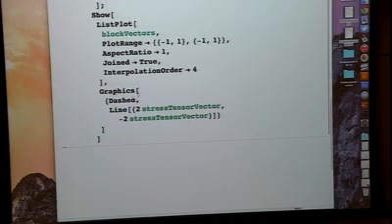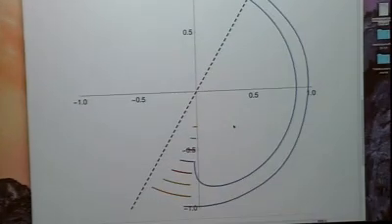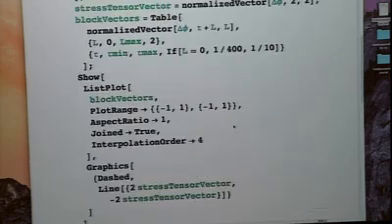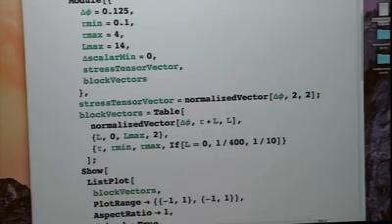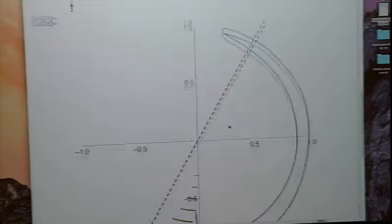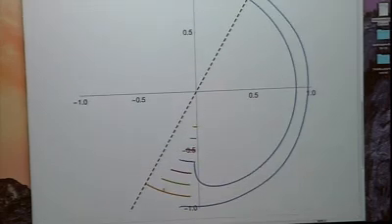Oh, I made a mistake. I just went from 0.1. Let's go from 0.01 for tau min. Okay, good. So now you can see that this is the stress tensor, and this is minus the stress tensor.